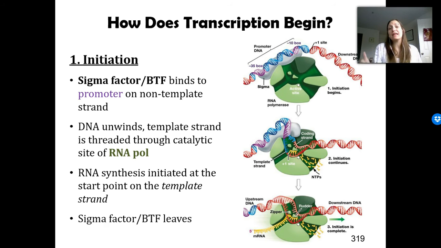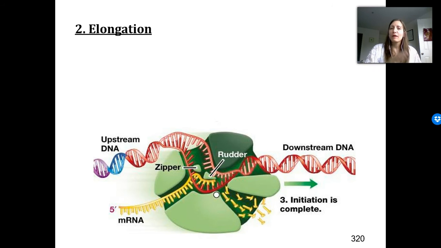So they actually leave because they don't really serve a purpose anymore since RNA polymerase has already begun. So that was all initiation. We started with sigma bonding to the promoter, RNA polymerase bonding to that, and then situating that DNA so that we could unwind it a little bit and add those ribonucleotides. And now the sigma or the BTFs have left.